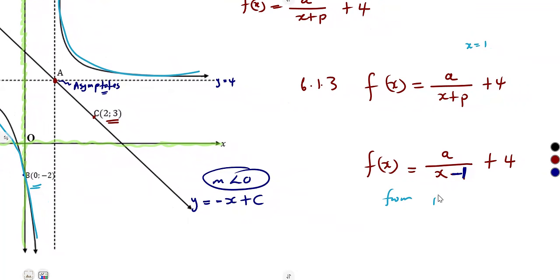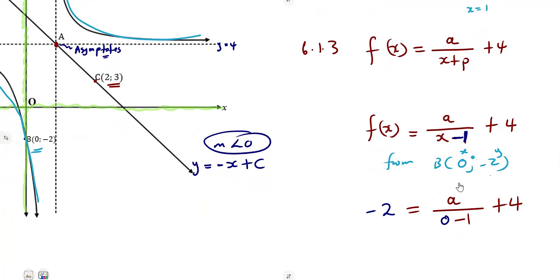From the point B, which is given as (0, negative 2), we have the x and y values. Substitute our y value, negative 2. So negative 2 must be equal to A over our x value, which is 0, so 0 minus 1, plus 4.